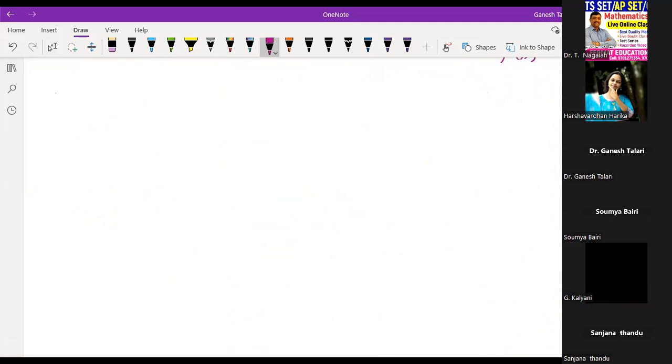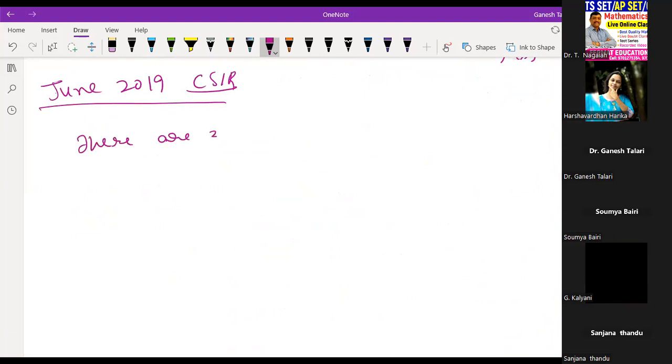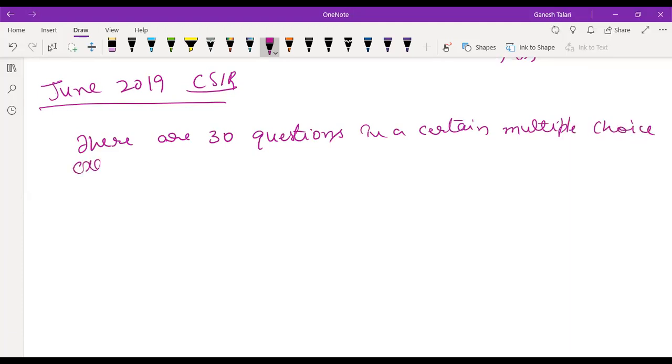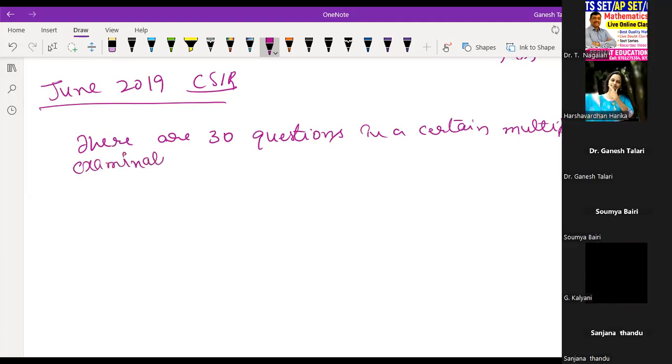Yeah, it has been asked in June 2019 CSIR question. There are 30 questions in a certain multiple choice examination.